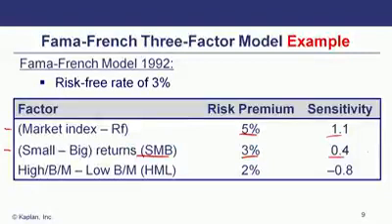And our sensitivity to that is going to be 0.4, and then high minus low, that is high book to market minus low book to market. In this case, high book to market, you can think of those as value firms, so don't be confused by that. We looked at the price to book ratio in level 1, right?